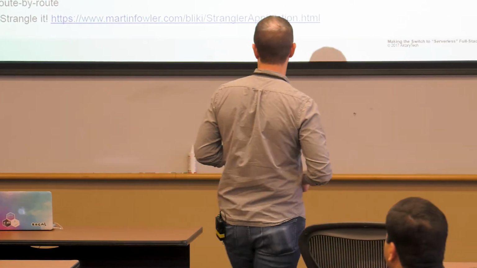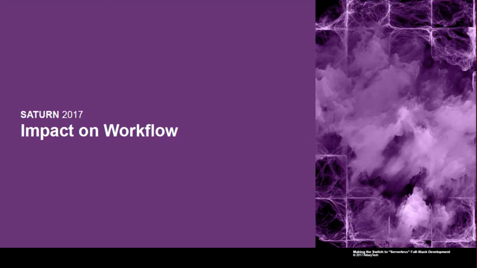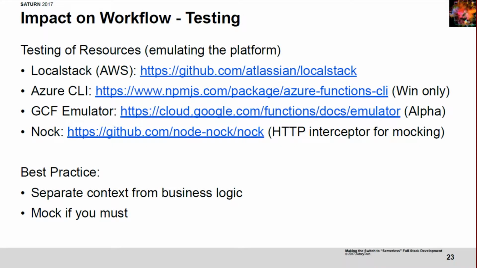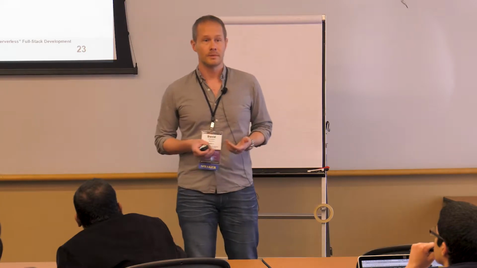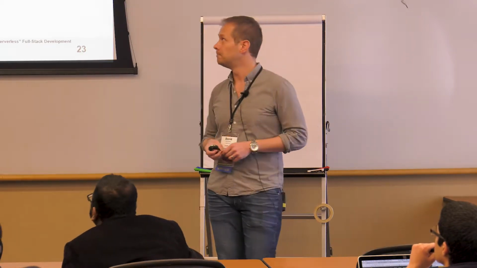So we'll get into that in just a second. So, impact on workflow. One of the difficulties of moving to this sort of an architecture is that you now are heavily reliant on all the resources that you're using in your Lambda. So, if you're using SNS or something like that, then how do you test that locally? That can be a challenge, right?